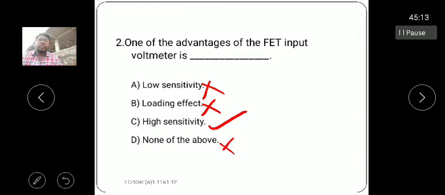That means the advantages are high accuracy, high sensitivity, high input impedance, no loading effect, and very low power consumption. These are the advantages of the FET input voltmeter. Based on that, our answer is high sensitivity.